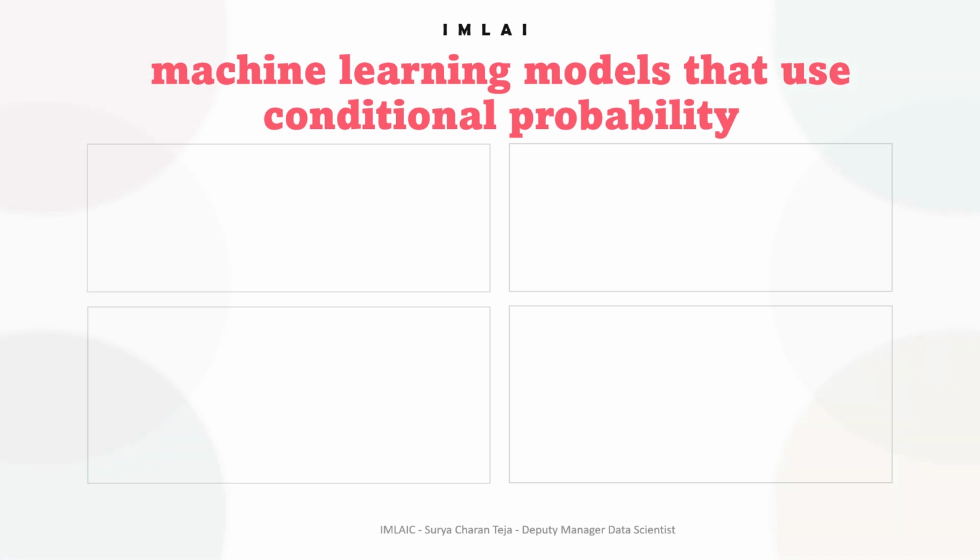Machine learning models that use conditional probability. The first one: conditional random fields, CRF.